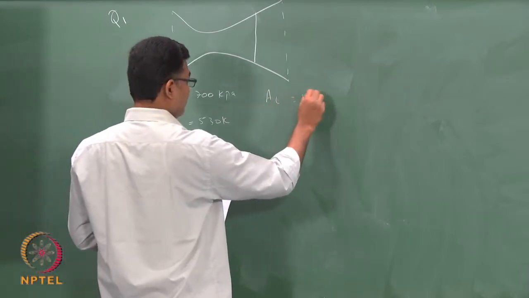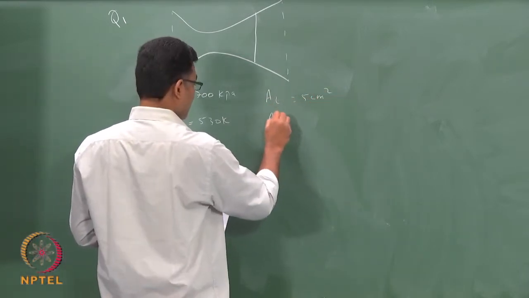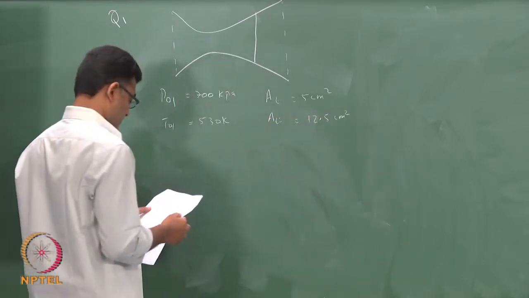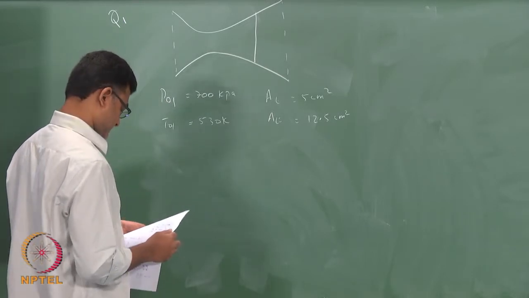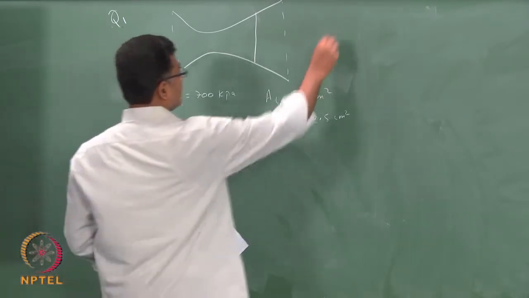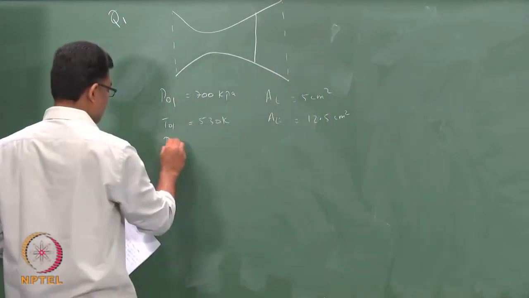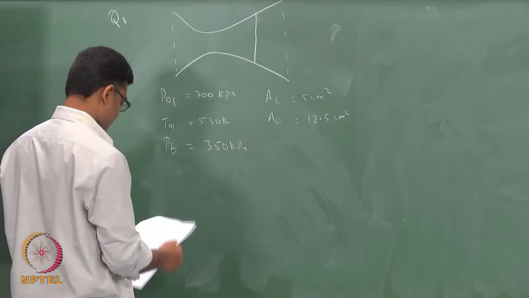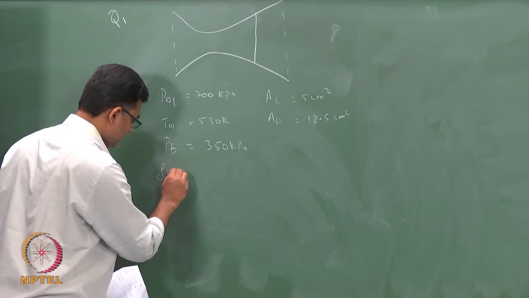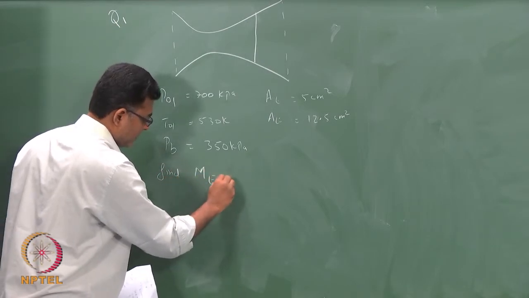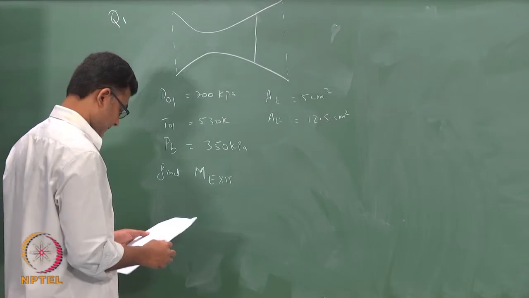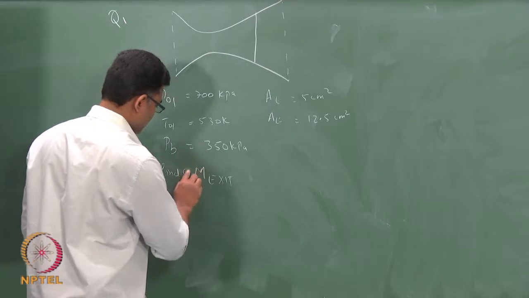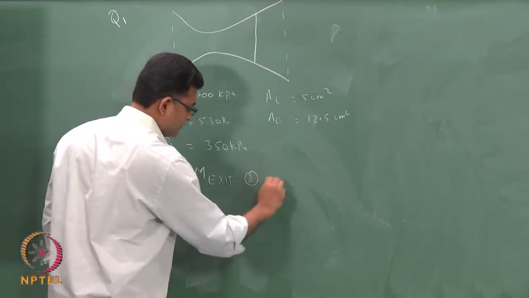Area of the throat is 5 centimeter square, area of the exit is 12.5 centimeter square. Back pressure is 350 kilopascal. First, we will try to find M at the exit. Okay. That is question 1.